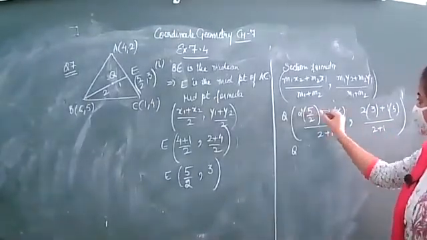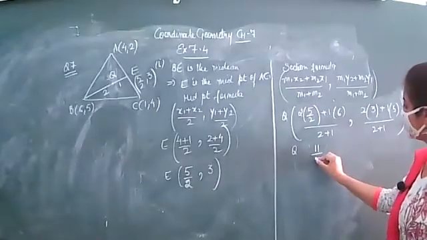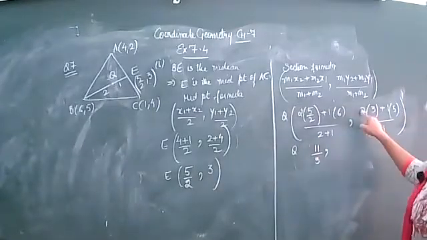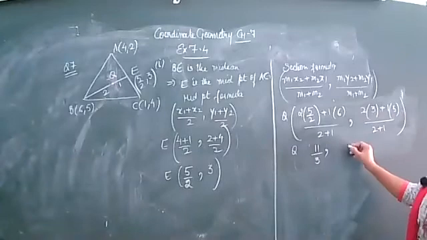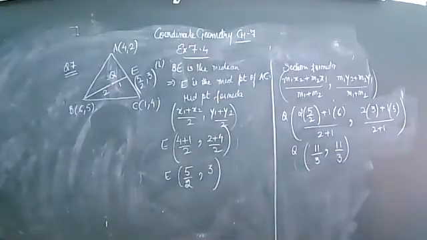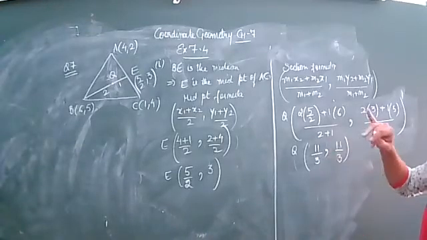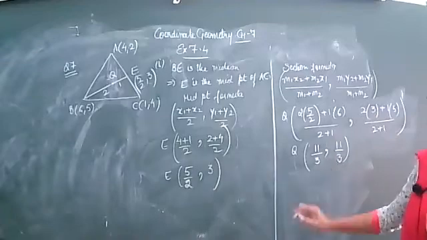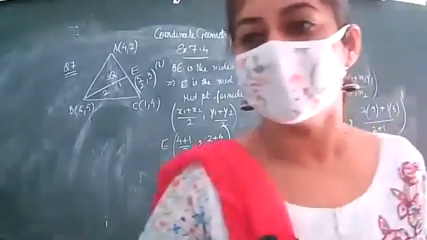This 2 will cancel out. This is 6 plus 5, 11 by 3. In the same manner, 3 twos are 6, 6 plus 5 is 11 by 3. As you can see, in the previous second part we also got the coordinate of P as the same 11 by 3 and 11 by 3.